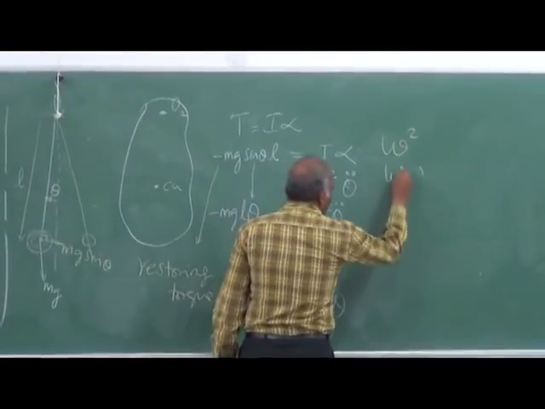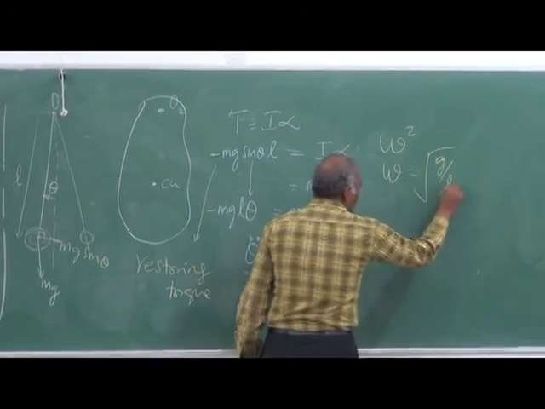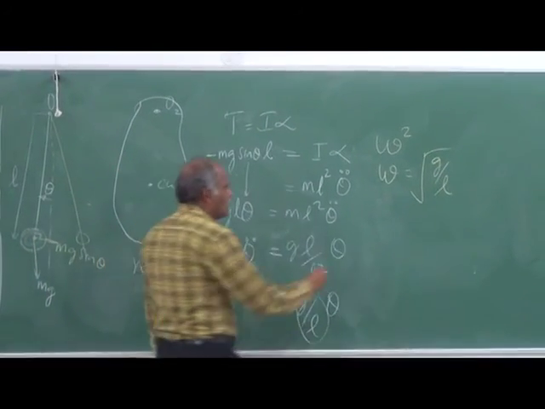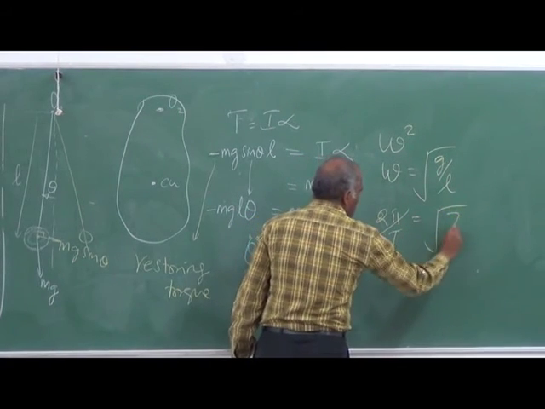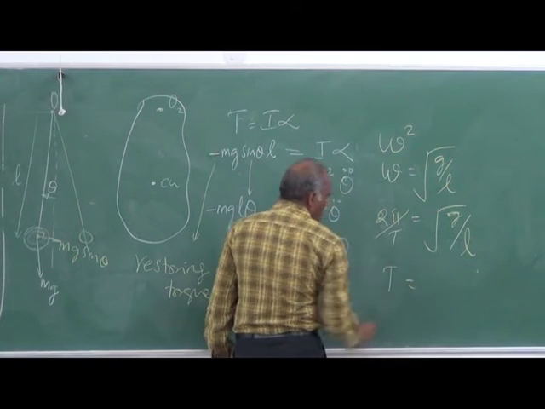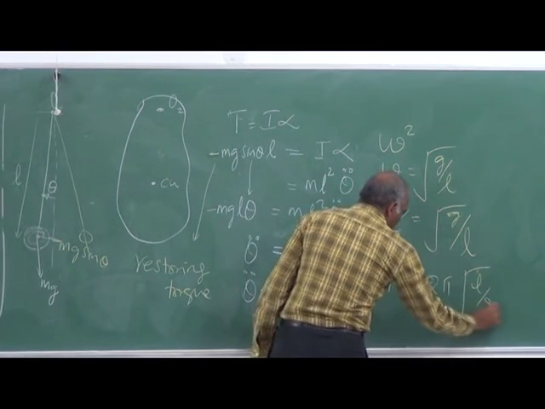Therefore, omega is equal to root of g by L. Omega, I can say, is 2 pi by T, that is equal to root of g by L. So T is equal to 2 pi root of L by g.